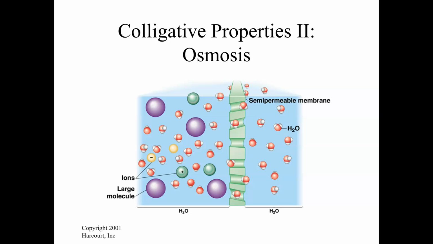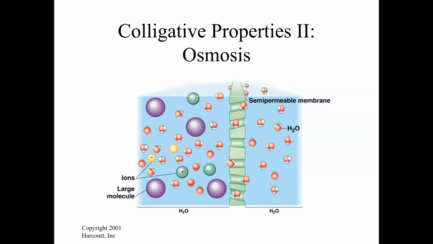And when we have particles in a solution, it also affects what happens in our cells and through the cell membrane. That's called osmosis. If the water amounts are not the same on both sides of this membrane, then water is going to move. That's what happens in our cell membranes.